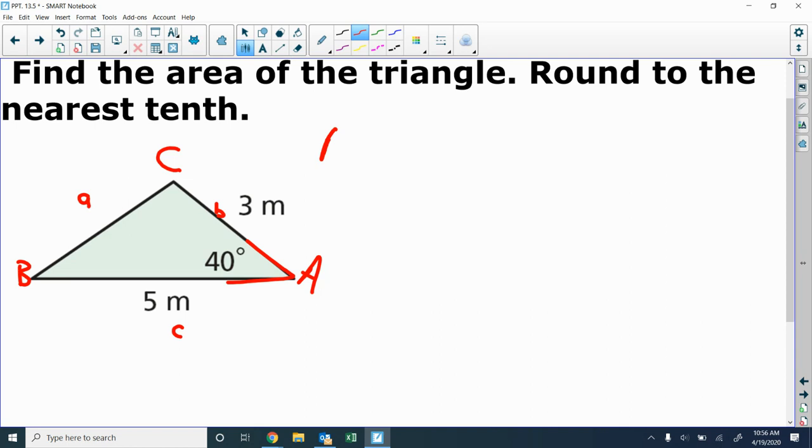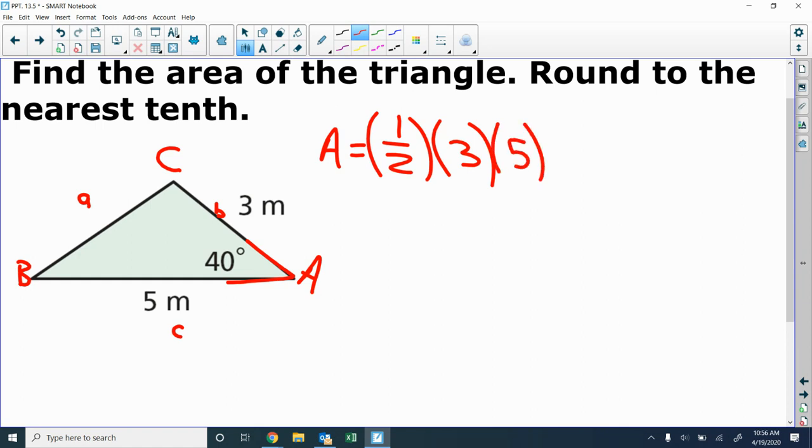So for the area, we'll need our calculator, and you're going to need to make sure you're in degree mode. 1/2 times 3, the length of b, times 5, and times the sine of 40 degrees. So grab your calculators now and check your mode.